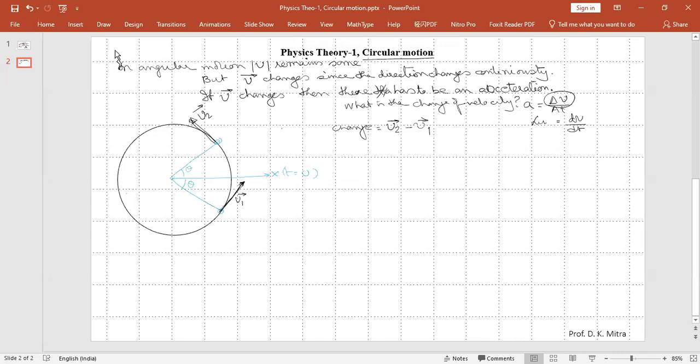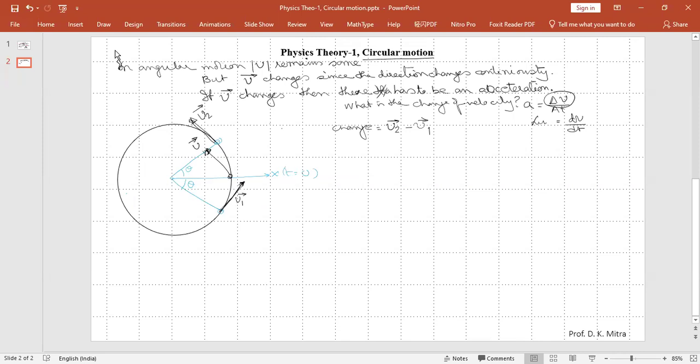For subtraction or addition of vectors, you know that you can always translate and move the vectors in parallel. So let us move the vector v2 here. For the sake of vector subtraction, we bring v2 here.